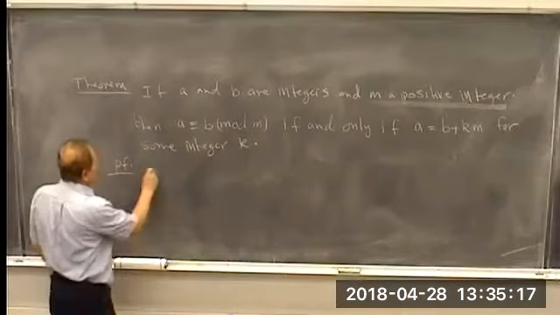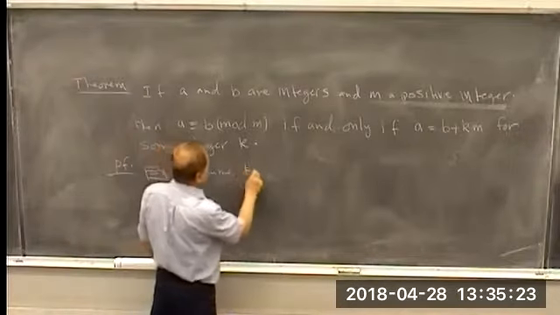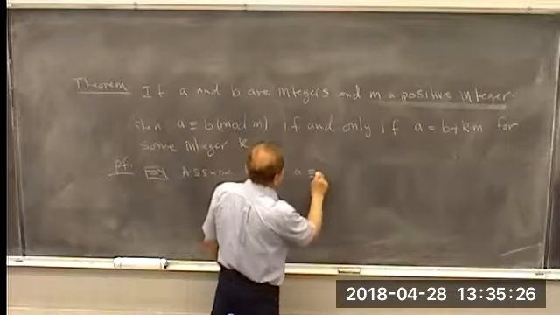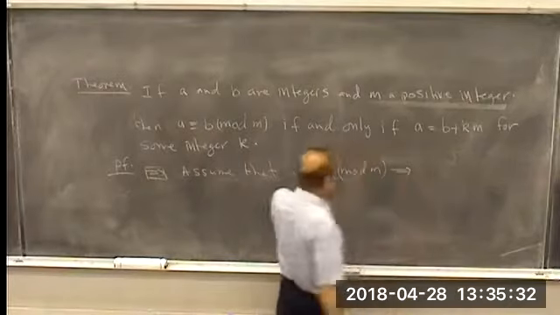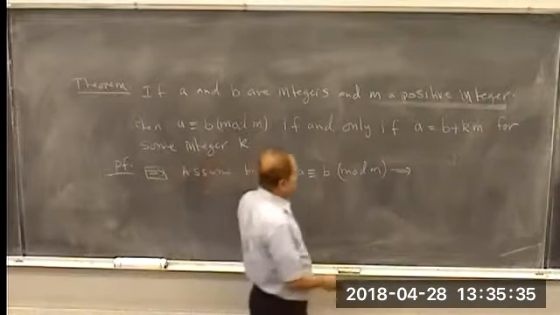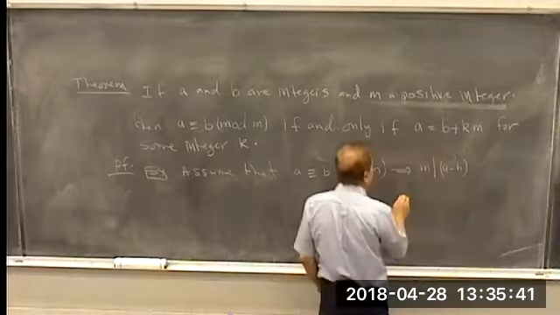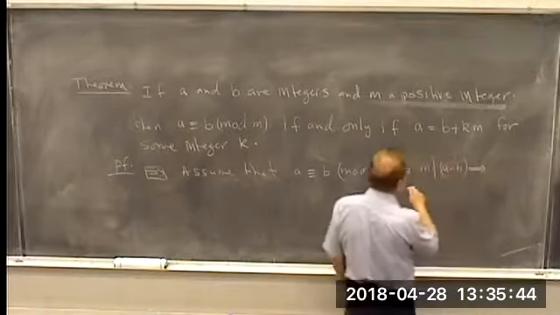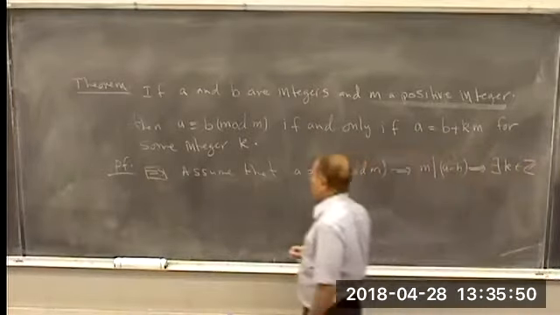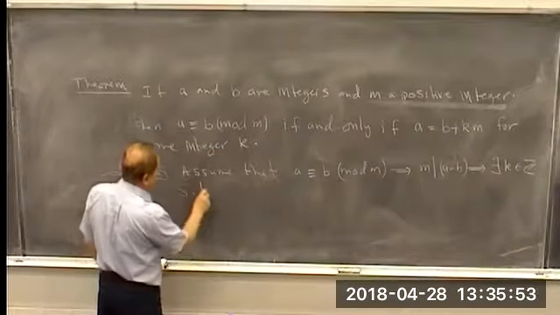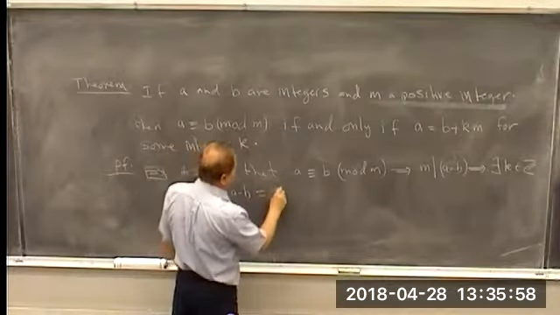So let's assume, going this way, that A is congruent to B mod M. By definition of this congruence relation, M divides A minus B. And by definition of divisibility, this implies there exists a K in Z such that A minus B equals MK.